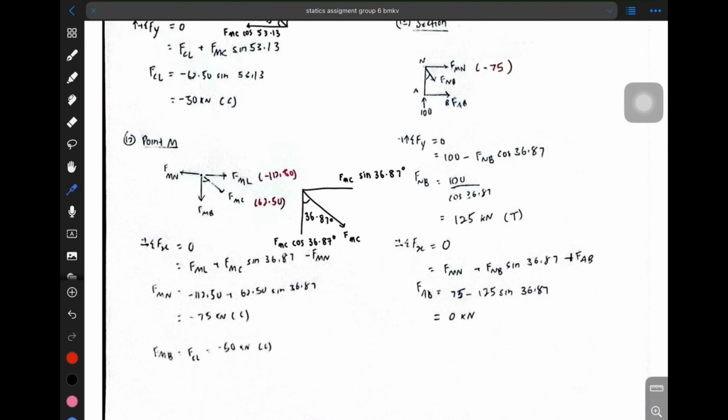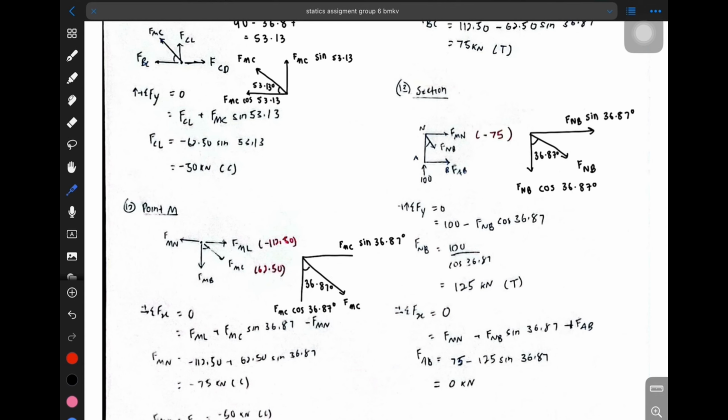So we can find FMN equal to negative 75 kilonewton and it is compression. So FMB is equal to FCL, and we get negative 50 kilonewton and it is compression.